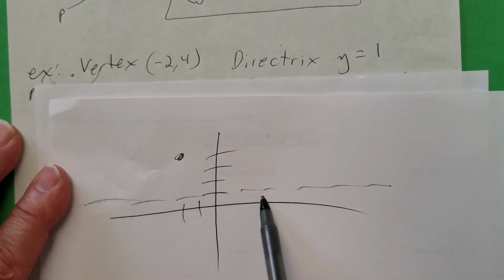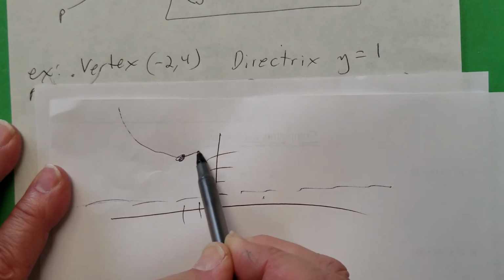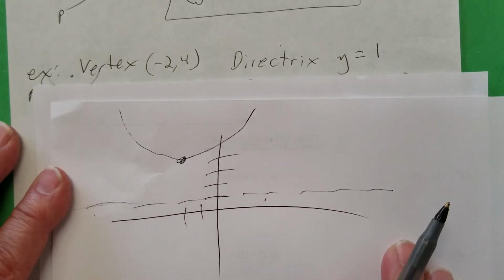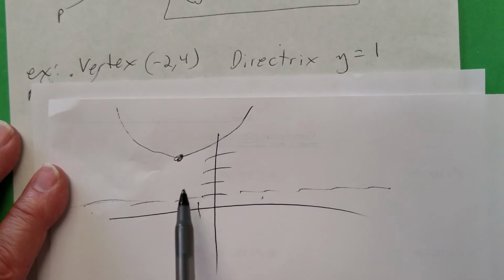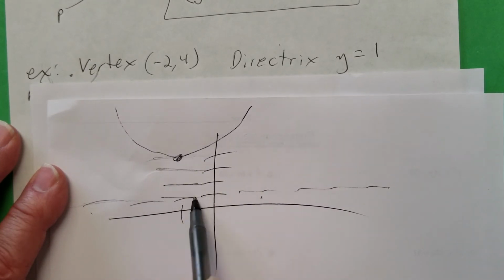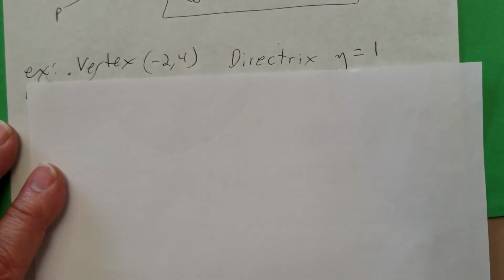Now remember the directrix is outside, so now I know my parabola goes up because the directrix has to be on the outside. Okay? So now I know what my p number is because it's this many, 1, 2, 3, 4 spaces.